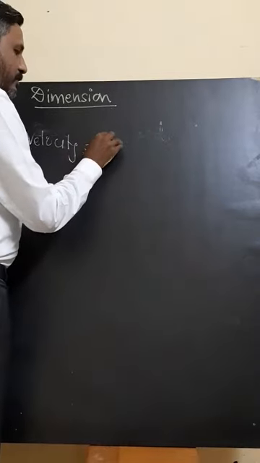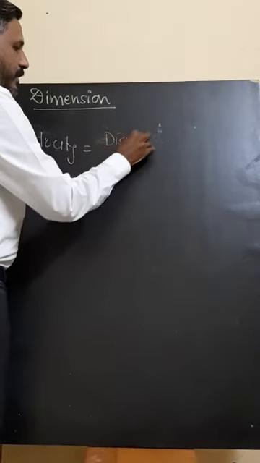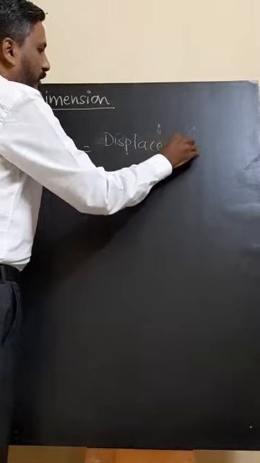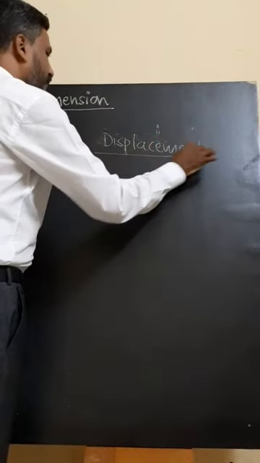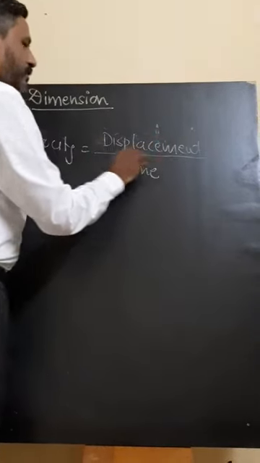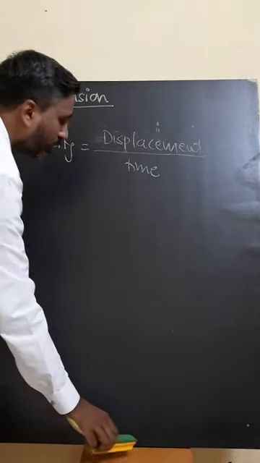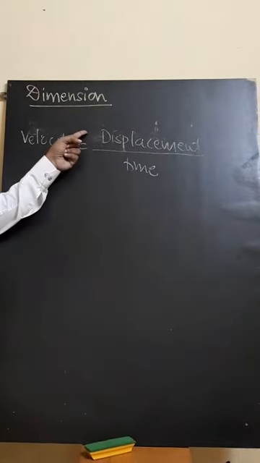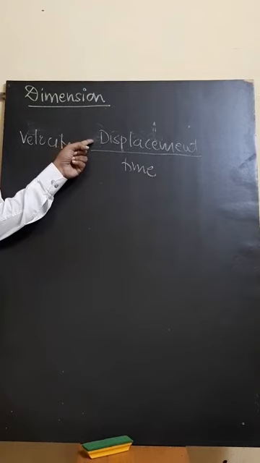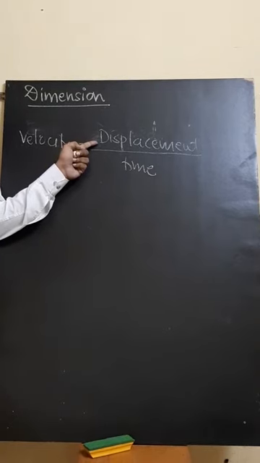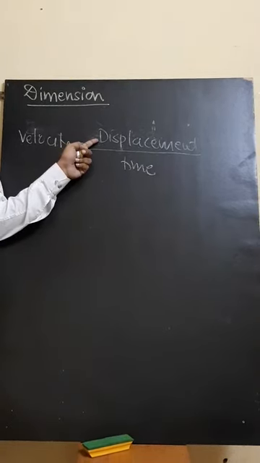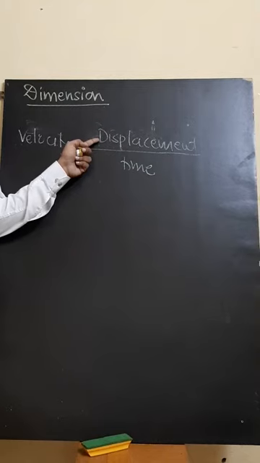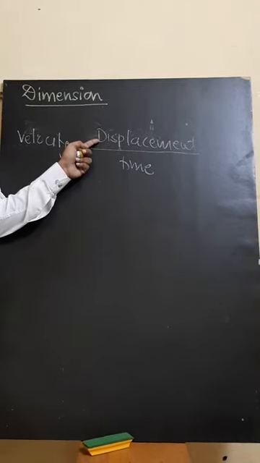The formula for velocity is very simple. It is nothing but displacement upon time. Here displacement is not my basic or fundamental physical quantity, but remember, displacement is the shortest distance, the smallest distance measured from the starting point, initial point, equilibrium point, or mean point.